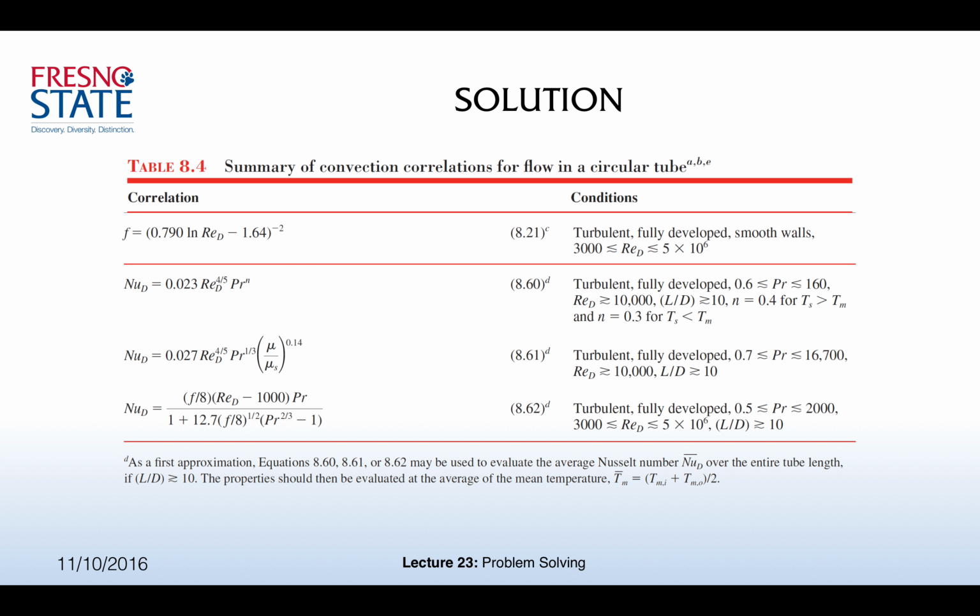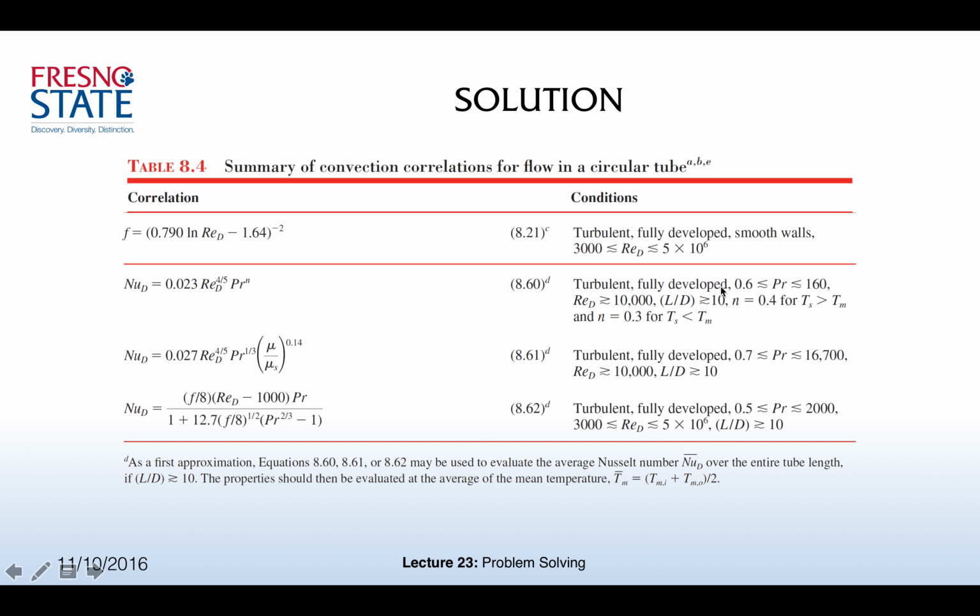So anyway, according to what we have here, we are going to use the first correlation because that's for Reynolds numbers greater than 10,000. This is for Prandtl numbers between 0.6 and 160. We have 3.56, and that is going to work in this case. We could also use the next one, but the first one is the most common and it works. All the conditions for it work.